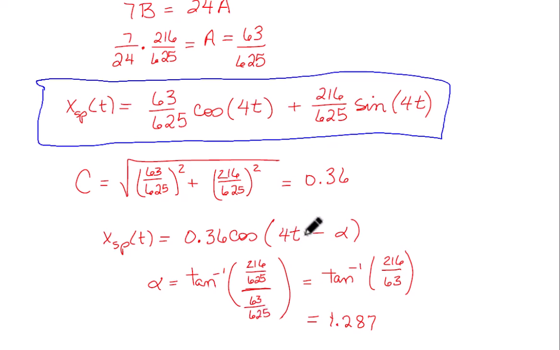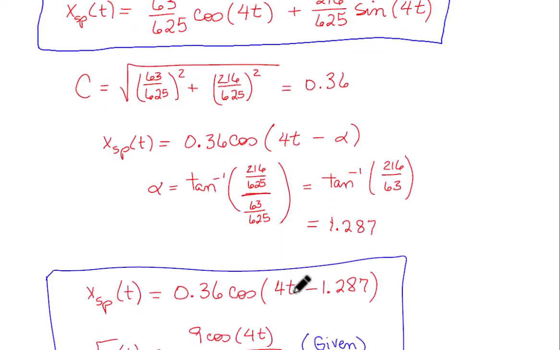Now, both of these numbers are positive numbers, and so when I do the inverse tangent, I'm going to be in quadrant 1. And so in radians, the inverse tangent is 1.287. And so plugging all that in, I get my solution as one cosine with a phase shift.